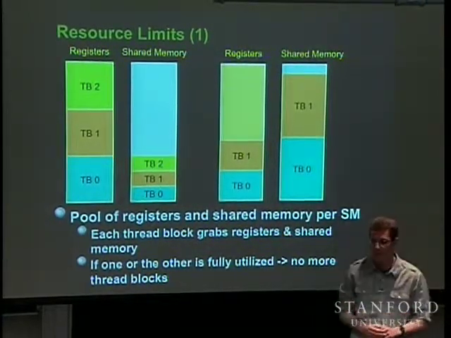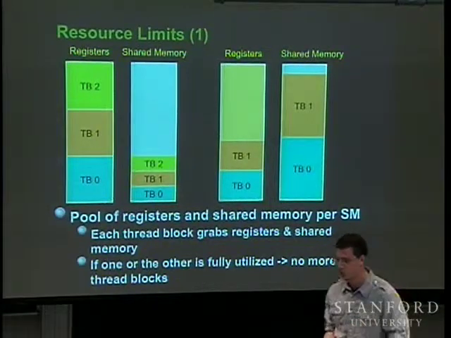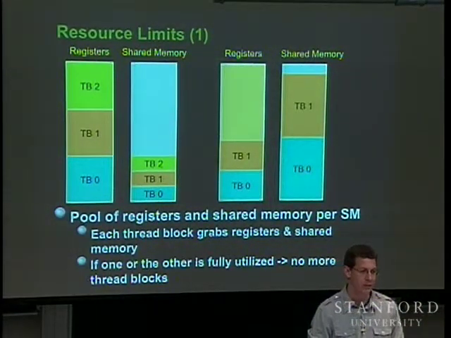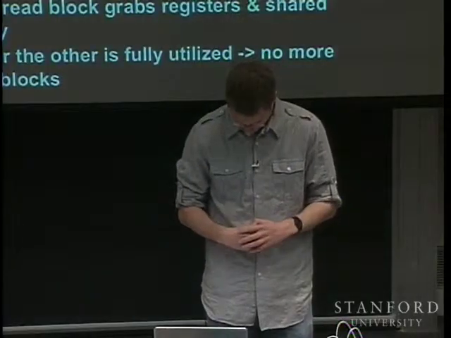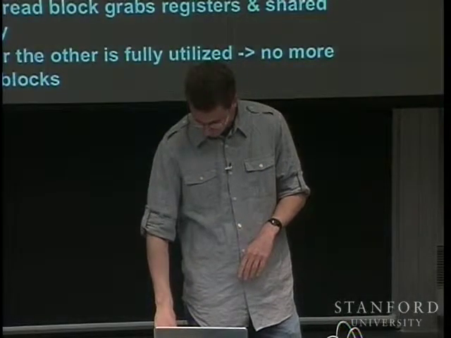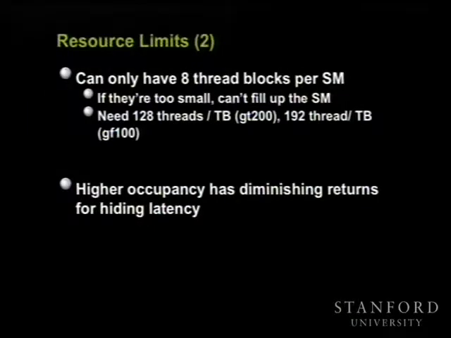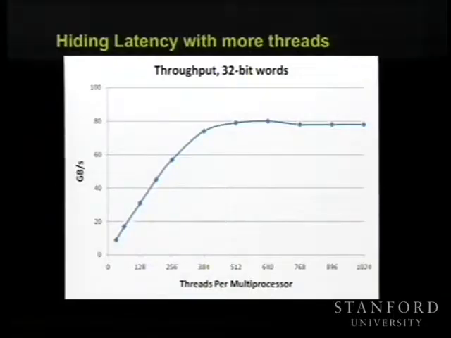So if the amount of shared memory or registers doesn't nicely divide into what you have available, there's going to be some left over. I'll show you some examples. And the last limit is that you can only have 8 thread blocks per cycle.